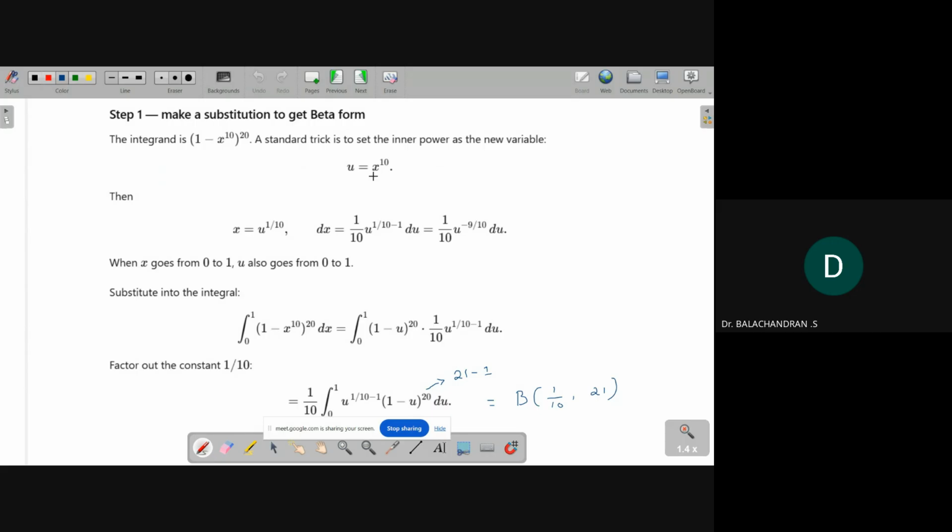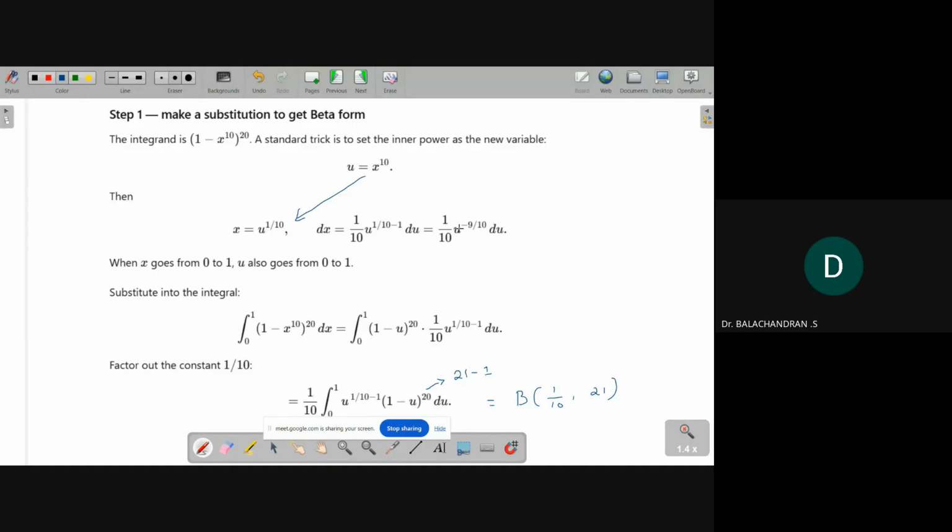Now what is x from this? x is u power 1 by 10. Now what is dx? dx is equal to 1 by 10 into u power 1 by 10 minus 1 into du.